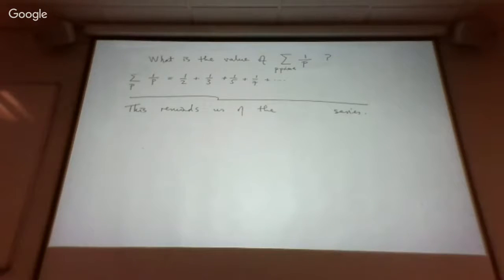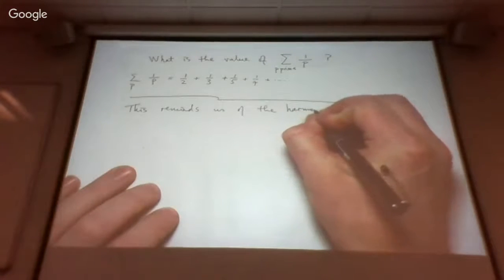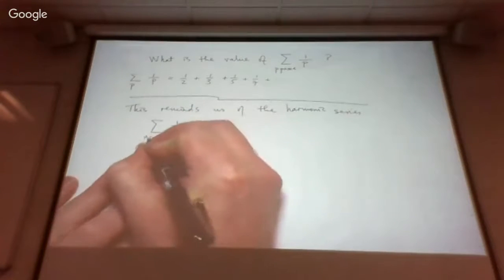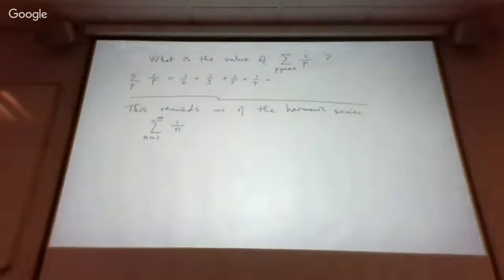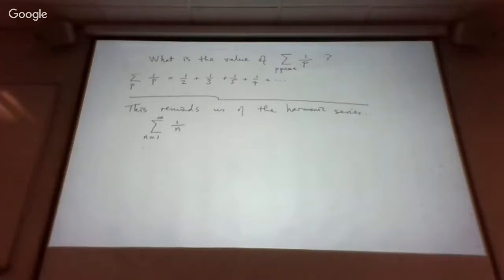It begins with an H. An important example of a divergent series that we met in maths fundamentals last year. There was a more general class of hyperharmonic series, but I'm referring here to just the harmonic series. So this reminds us of the harmonic series, which was the sum of 1 over n, taken over all the positive integers, n equals 1, 2, 3, 4, 5, 6, and so on.